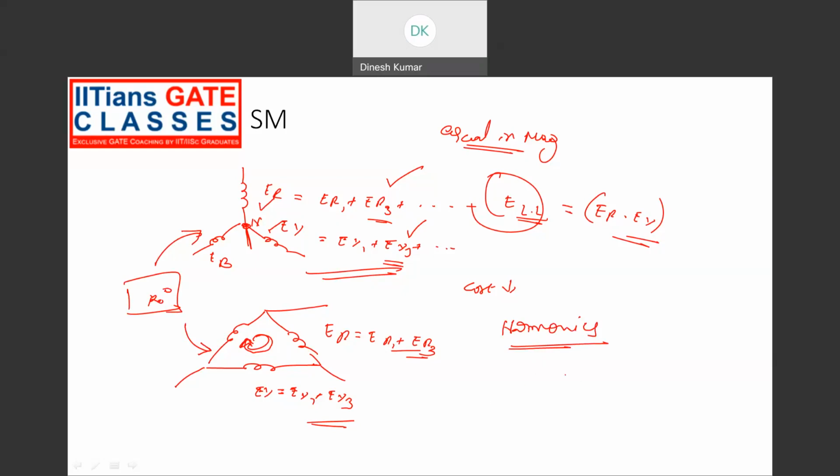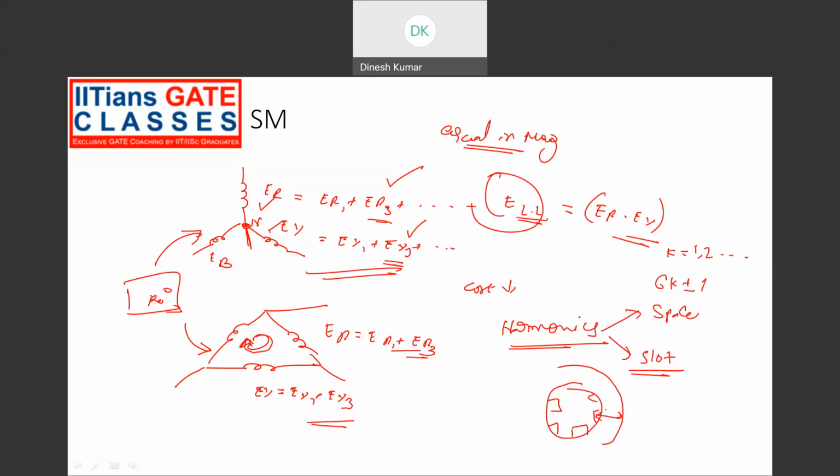There are two types of harmonics. One is space harmonics, the other one is slot harmonics. Space harmonics are of the order 6k plus or minus 1, where k equals 1, 2, and so on. The slot harmonics occur because, if you see the armature winding, we have slots on the stator and rotor.